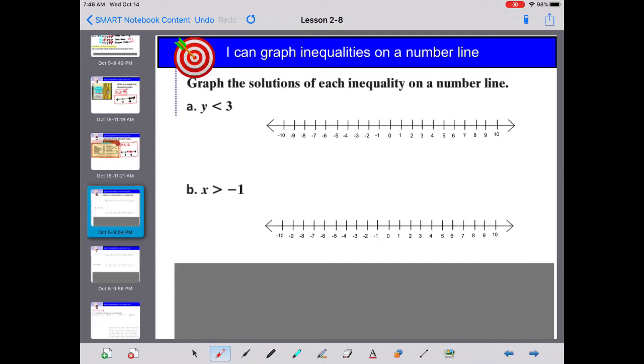All right, so in letter A, y is less than 3. You start by putting a circle at 3. Then you ask yourself, is 3 less than 3? No, that means leave it not filled in. Leave it an open circle. Now, where are numbers that are less than 3?